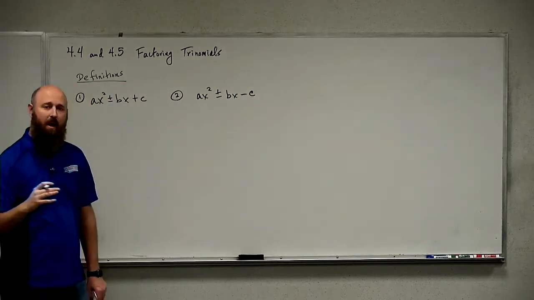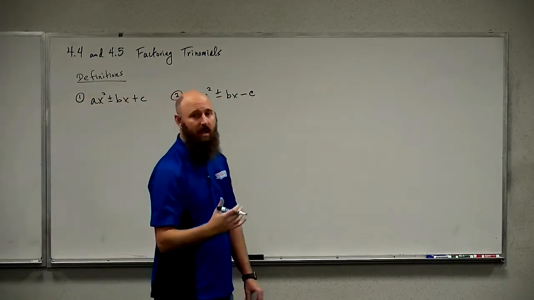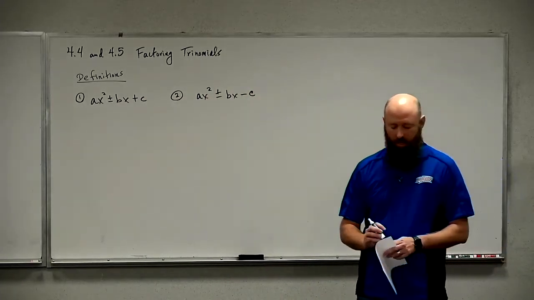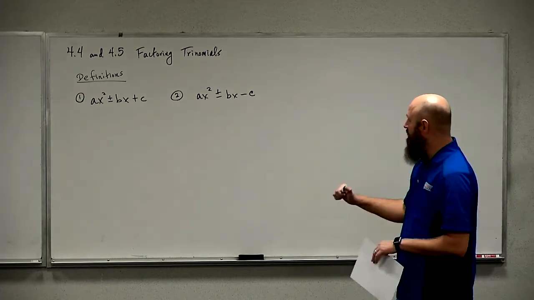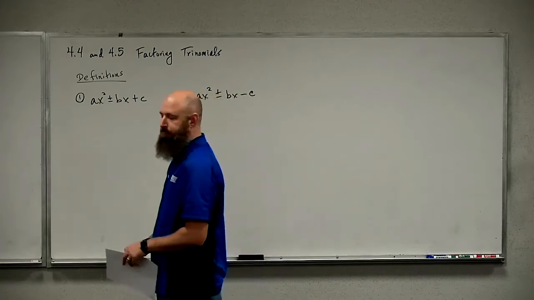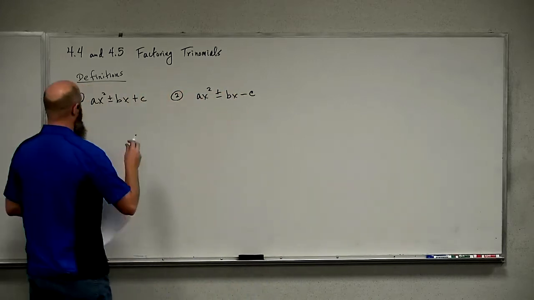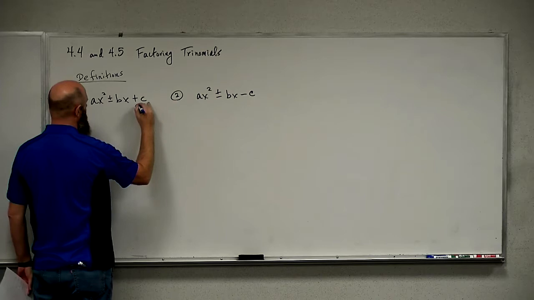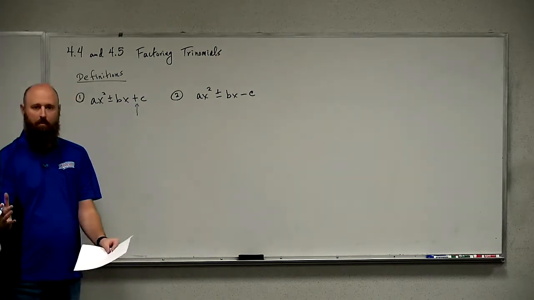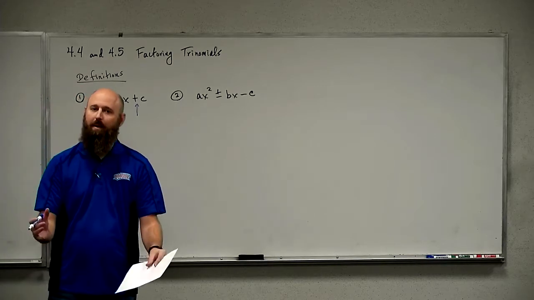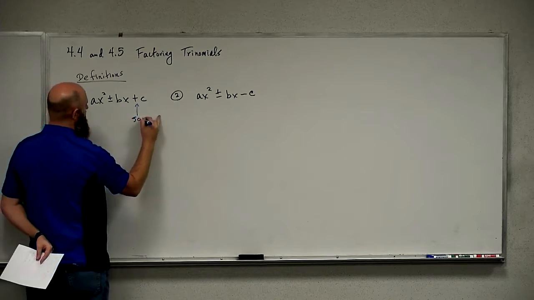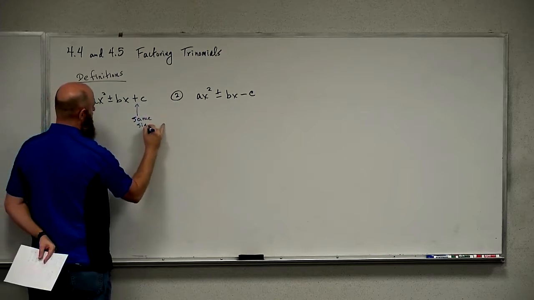And whether that c is positive or negative does dictate some things for me. So I want to make sure that I know what's going on there. Okay, so based on the form, this tells me some certain things. All right, so right here, if my c value is positive, then when I break down my problem, we're going to end up with a couple of binomials, and the sign in the middle will be the same sign.